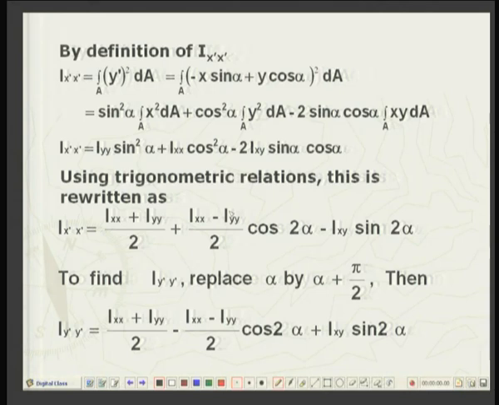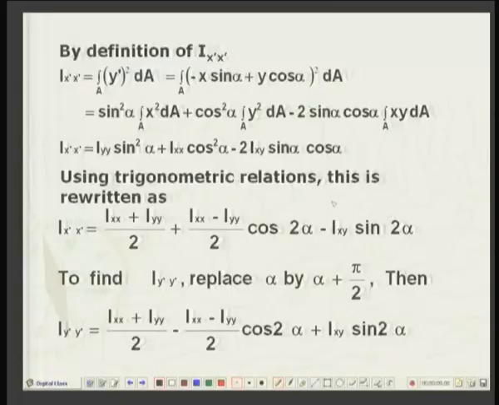So, I have the second moment of area in the new coordinate system, Ix dash x dash, in terms of the corresponding terms in the old coordinate system and cosine 2 alpha and sine 2 alpha terms.